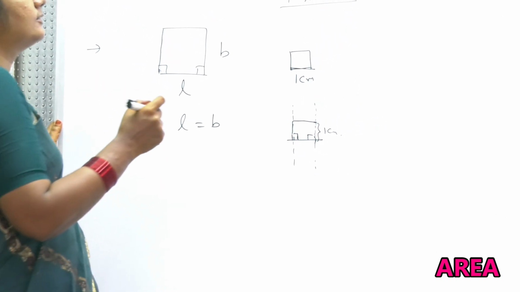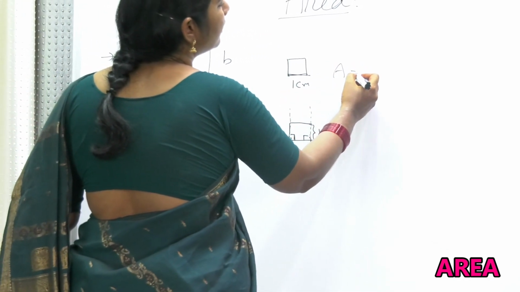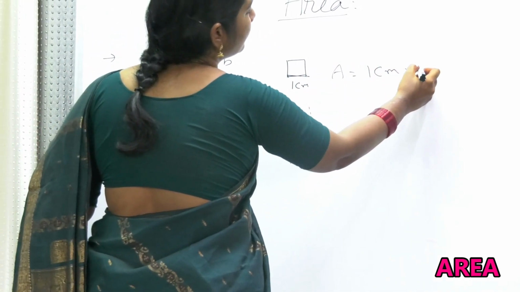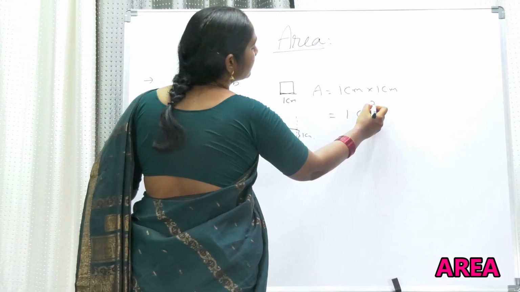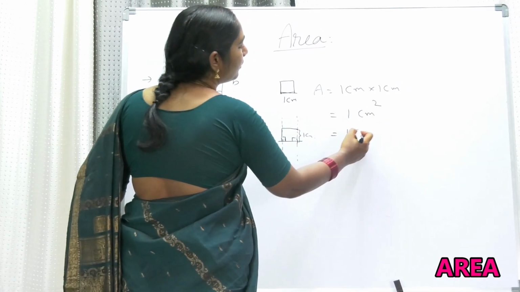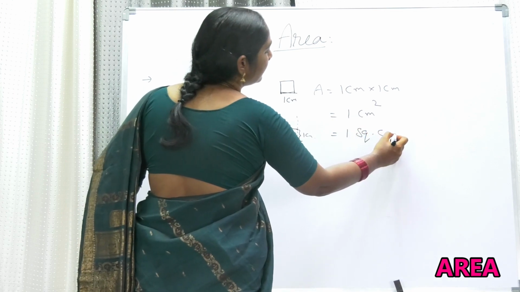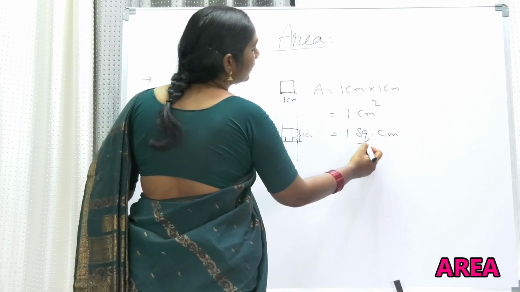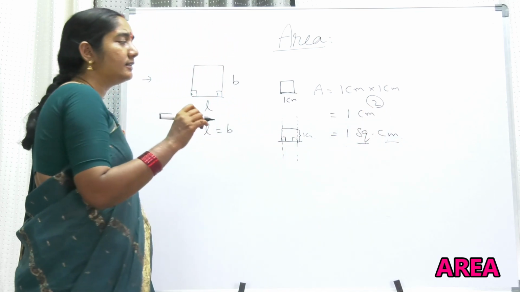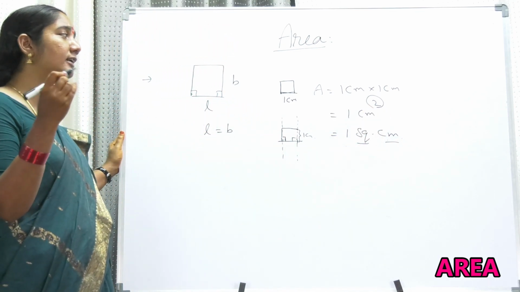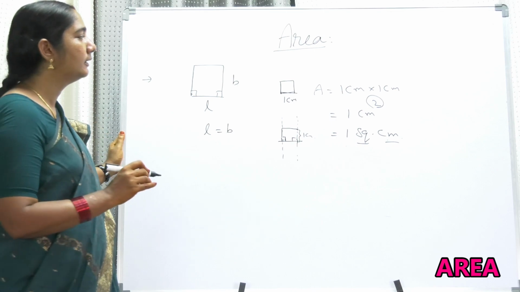That area is called 1 centimeter into 1 centimeter. We call that area 1 square centimeter, or 1 centimeter square. Both mean the same. 1 centimeter square or 1 square centimeter, both are the same.